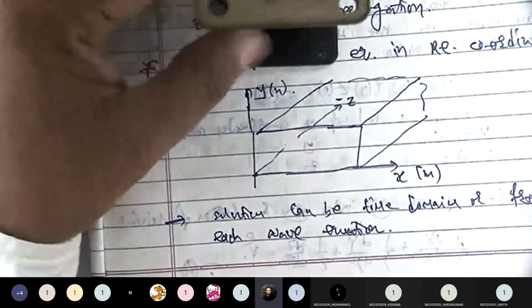Okay. So what is our objective now? One minute, let me zoom out. Okay, fine. Our objective is to find the solutions, either in time domain or frequency domain, for each of the wave equations. So which are the wave equations?